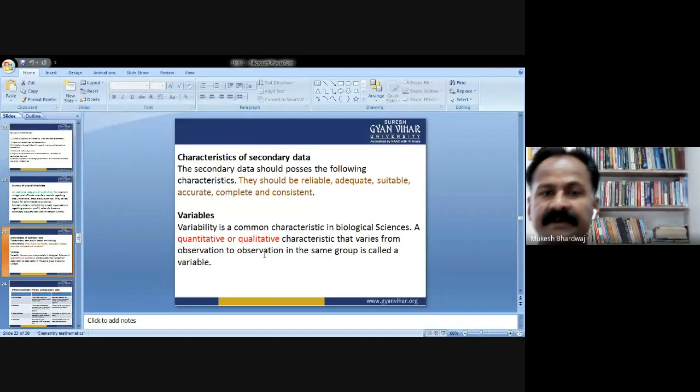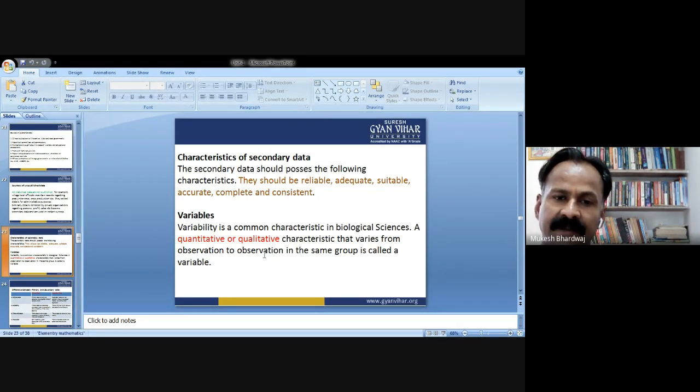Characteristics of secondary data. The secondary data possess the following characteristics. They should be reliable, adequate, suitable, accurate, complete and consistent. Now variables. Variability is a common characteristic in biological science.